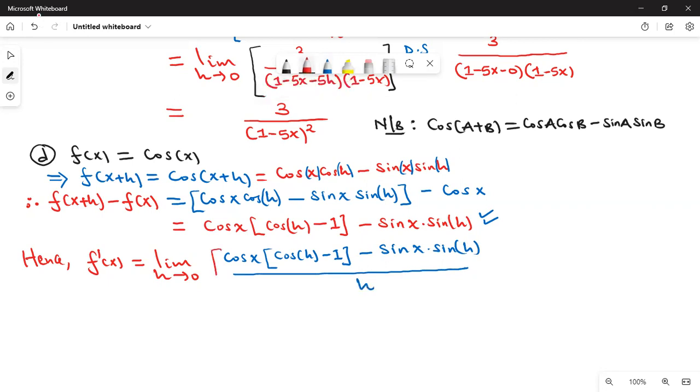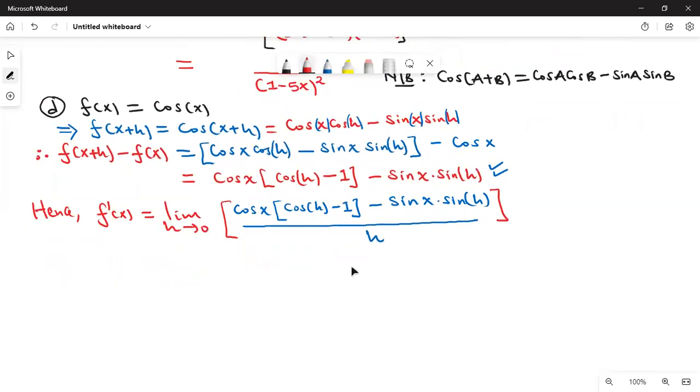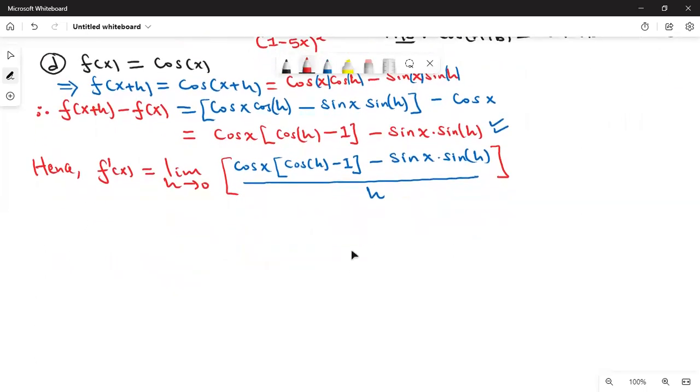So how do we evaluate this limit? This limit can be subdivided into two parts. We can write this as the limit as H approaches 0 of cosine of X times cosine of H minus 1 over H. That's the first part.